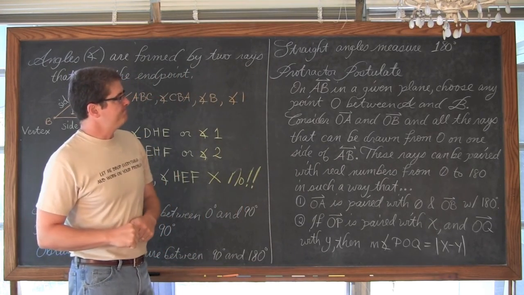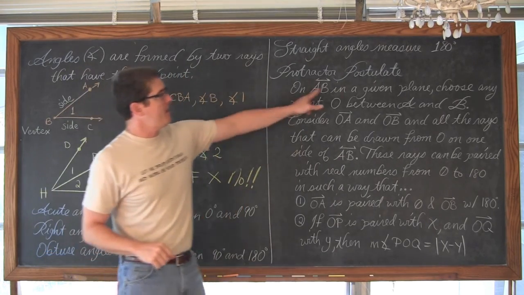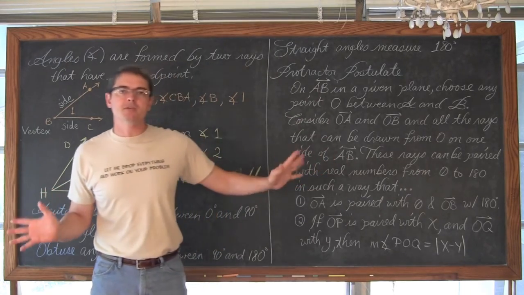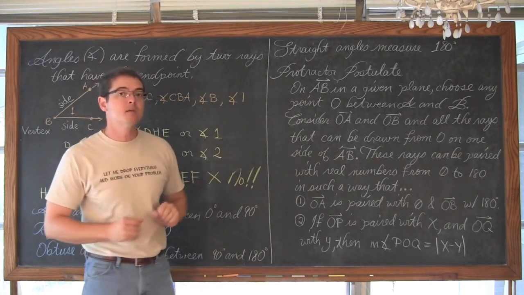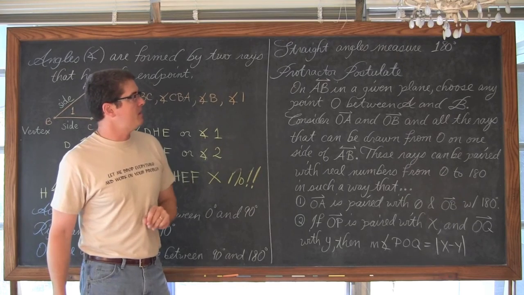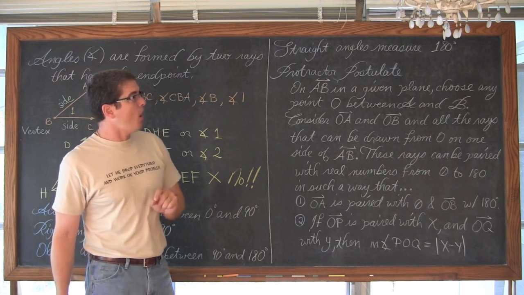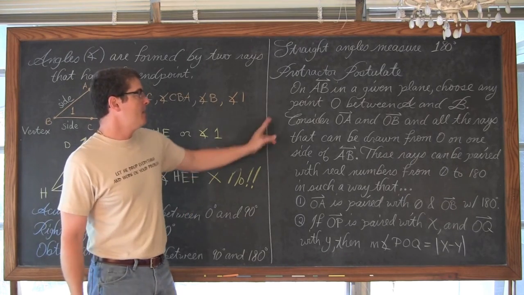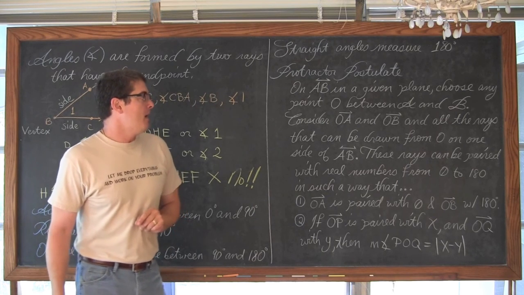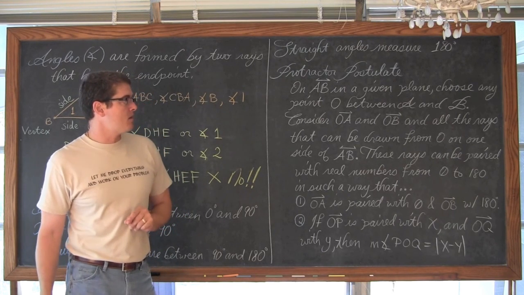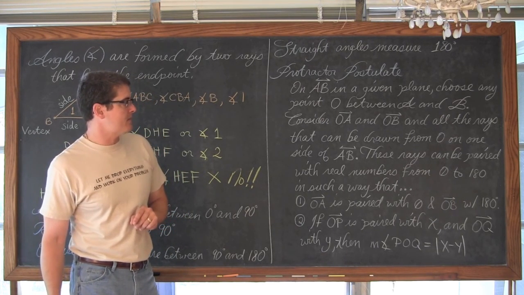Protractor postulate. On line AB, we're going to do a diagram to go along with this. On line AB in a given plane, choose any point O between A and B. Consider OA and OB and all rays that can be drawn from O on one side of AB.